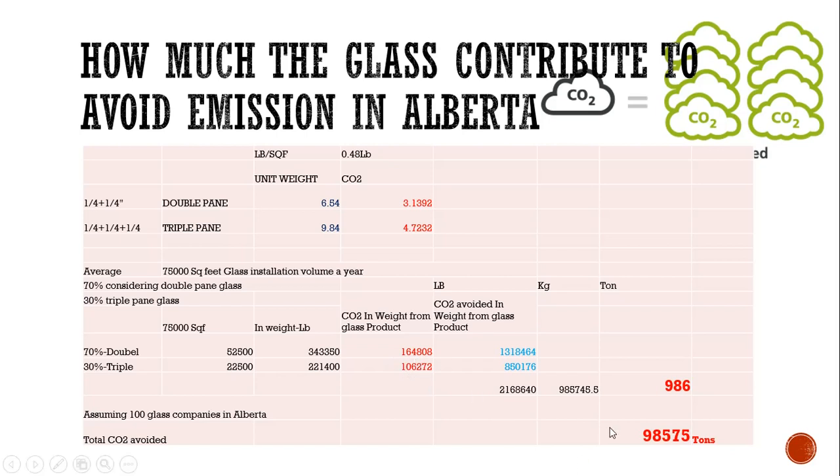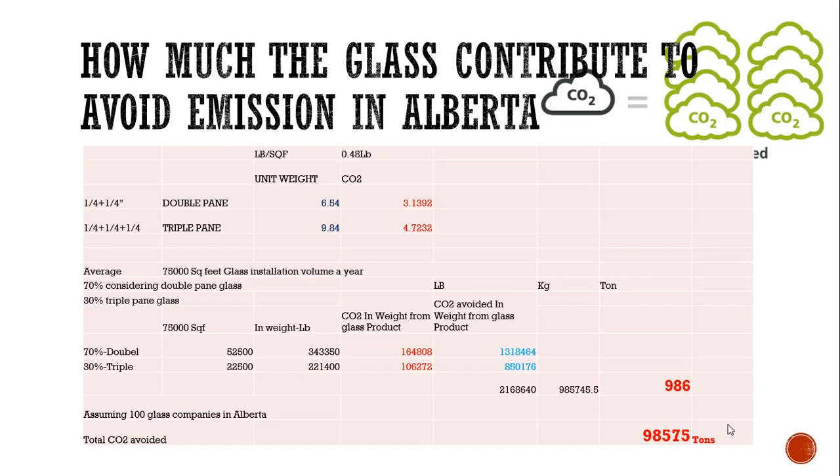So totally, we're assuming in Alberta, for example, 100 glass companies. Times 100, we know for a year we have carbon avoided to release to the air due to our installation of the glass, for the heating, for the lighting, or for the cooling. We avoid more carbon dioxide released to the air.